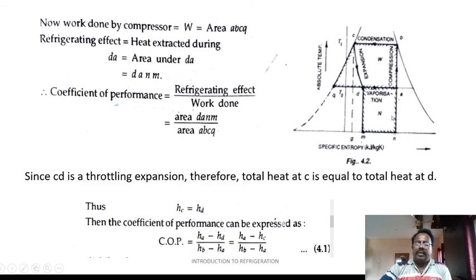It should not be either wet vapor or supersaturated vapor. In actual practice, dry compression is preferred as there is a higher volumetric efficiency and mechanical efficiency and less chance of damage to the compressor.